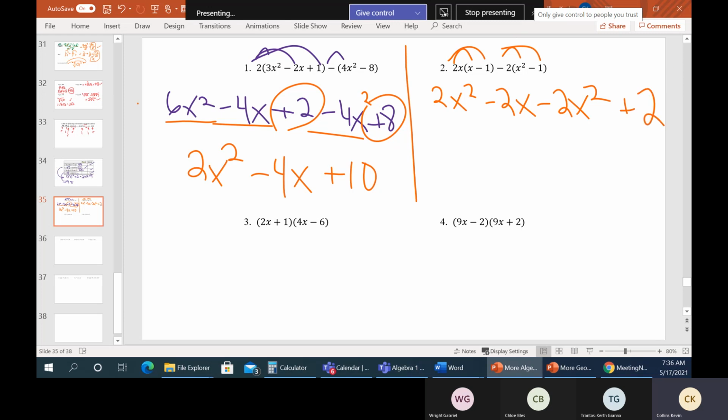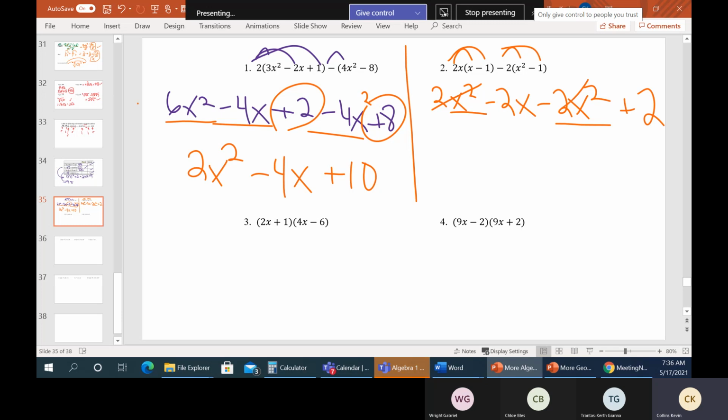Okay, so we go ahead and combine like terms. So what's going to happen with these guys? I've got 2x squared and minus 2x squared. What's going to happen there? Yeah, they're going to just cancel out.